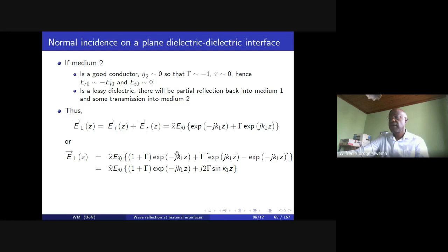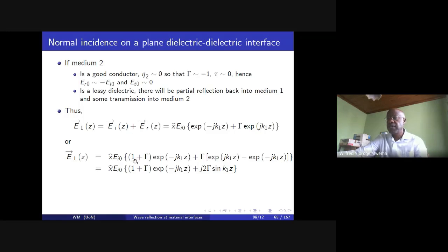So here, we have added gamma multiplied by exponent of minus jkz, and then we remember to remove it again, which we remove here. So we add it here, and we remove it here.